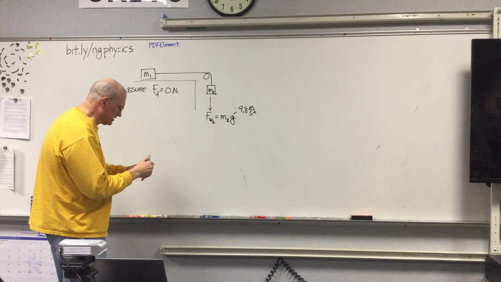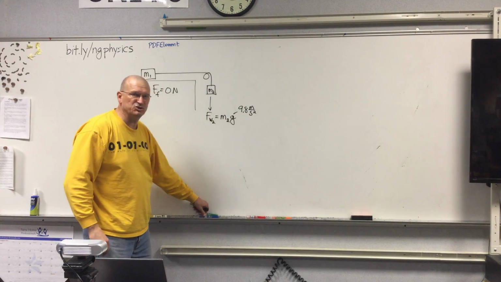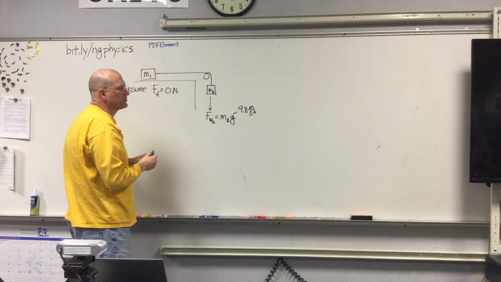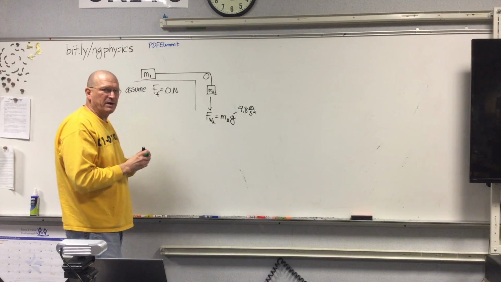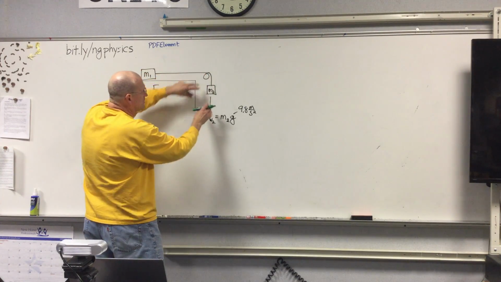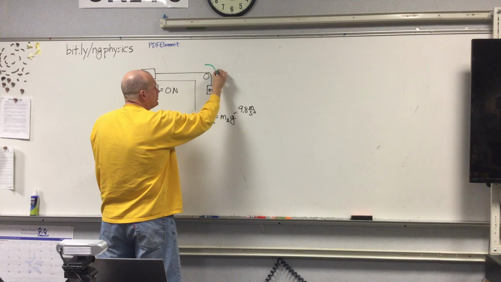Now, one of the things that I'll point out about signage here is that when this thing goes down, this one goes to the right. So if someone asks about which way is positive or negative, because these are tied together with the string, there's kind of a dual thing here.